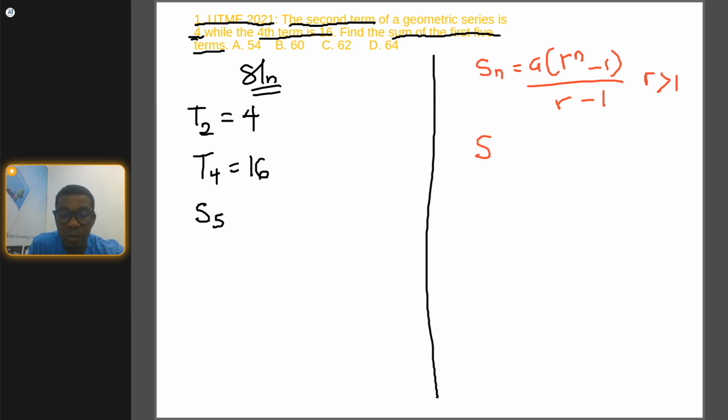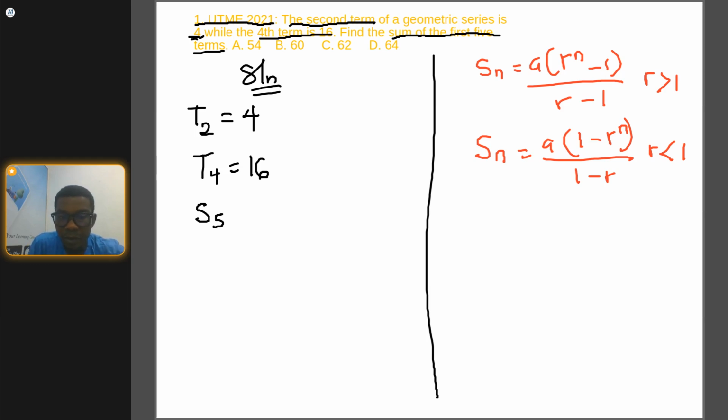The second one is Xn equals a(1 - r^n)/(1 - r). We use this formula when your r is less than 1. And what is the r we are talking about? That is the common ratio.